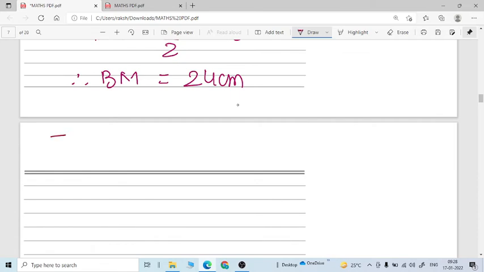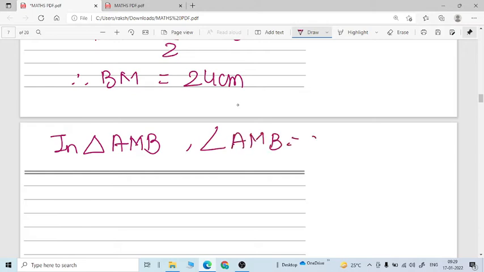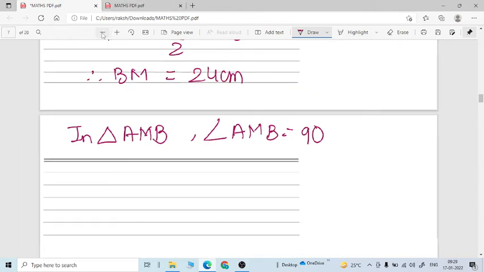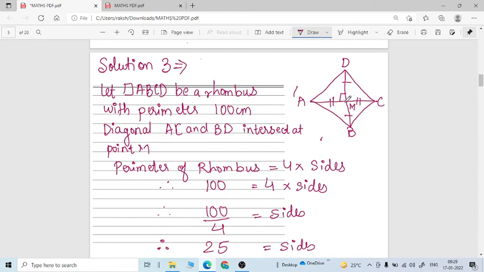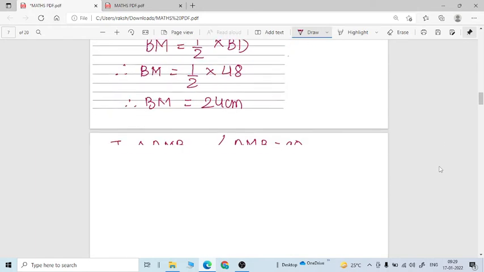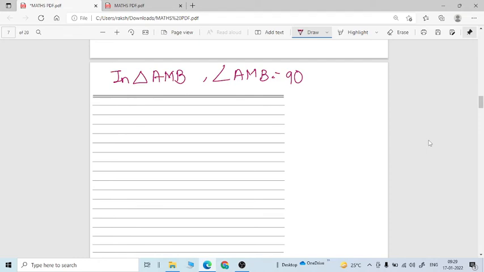Now in triangle AMB, angle AMB is 90 degree. As you can see, at M it is 90 degree. So we want to find AC now, since we have found BD. 90 degree means Pythagoras theorem.